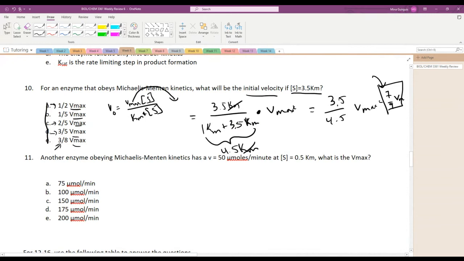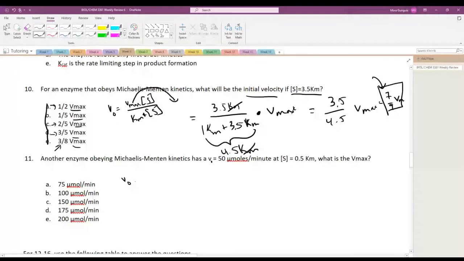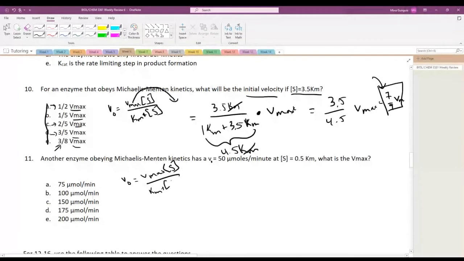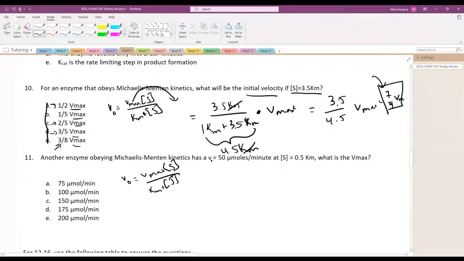Okay, next one. So you're given V0 and S, and you're asked for Vmax. So I'm going to write out the equation one more time. Actually, I think this is the last time. Oh, no, there is one more in this PowerPoint. Okay, and I'm just going to plug in the numbers.